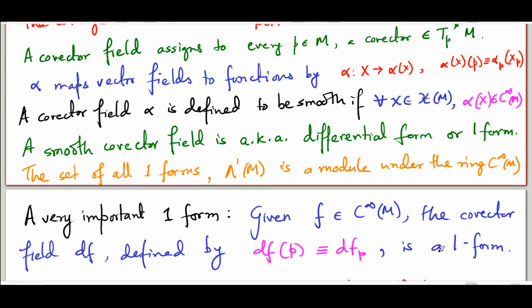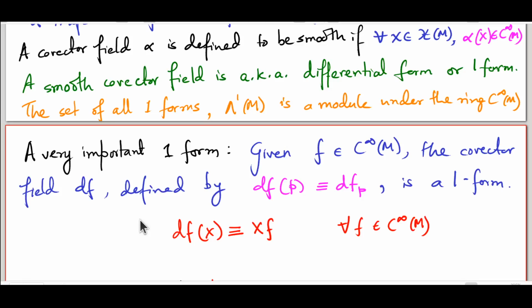Given any function f which belongs to C∞(M), the covector field df, the differential of f, is defined simply by saying that to every point P of the manifold, it assigns the covector df_P, the differential of the function f at the point P. We had shown in the last lecture that this actually is a smooth covector field. And this will turn out to be one of our most important examples of one-forms.